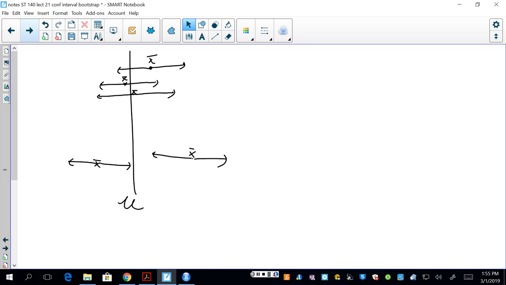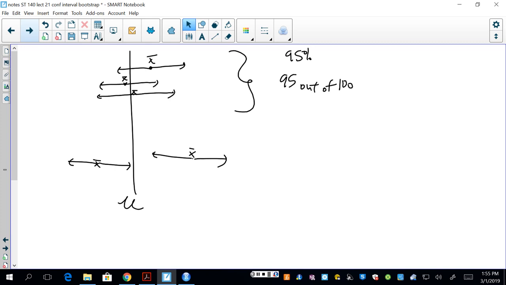Right? The idea of 95% confident is that we get about 95 out of 100 that would cover the truth, where the X bar would be close enough that once you put the margin of error on it, it's wide enough to cover.